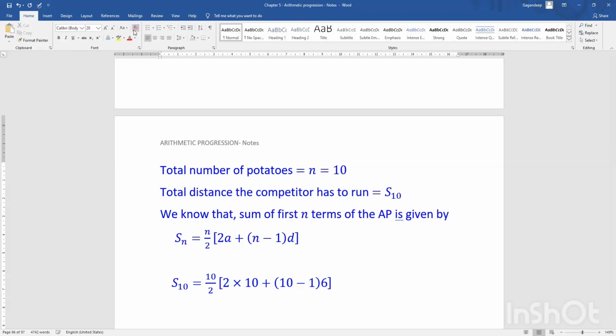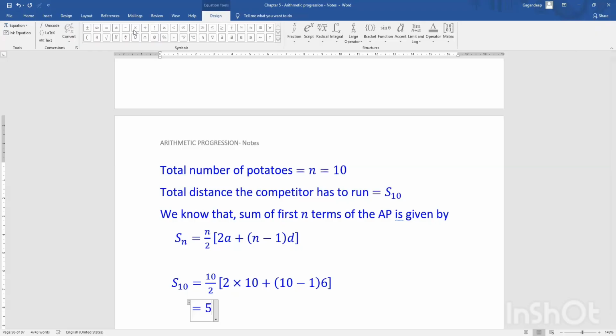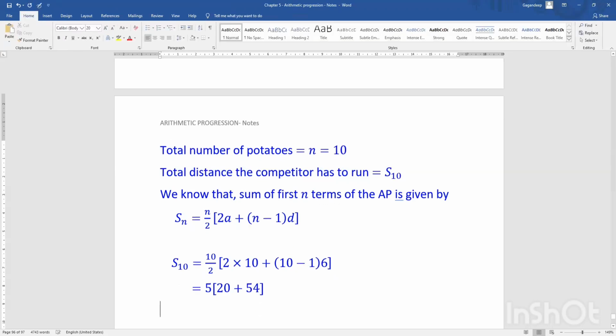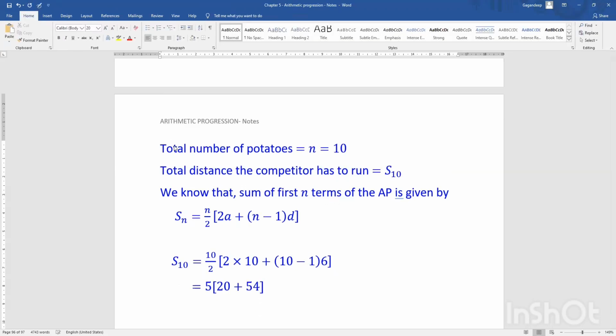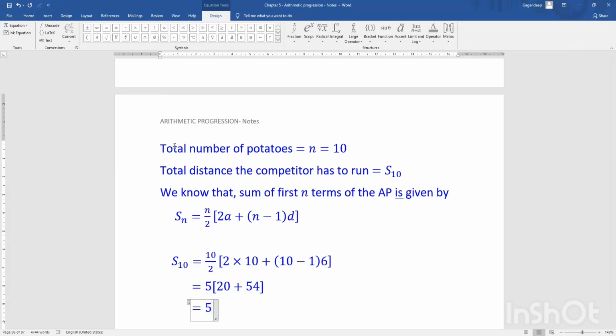It's nothing but 10 by 2 is 5, bracket open, 2 tens is 20, and here 10 minus 1 is 9, 9 into 6 is 54, plus 54, bracket close. This is equal to 5 into 74, since 20 plus 54 is 74.